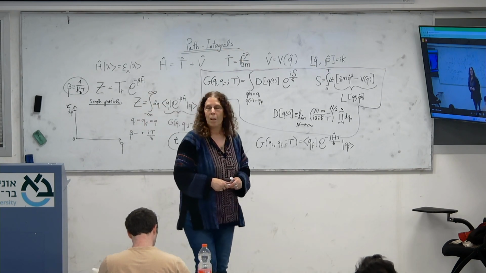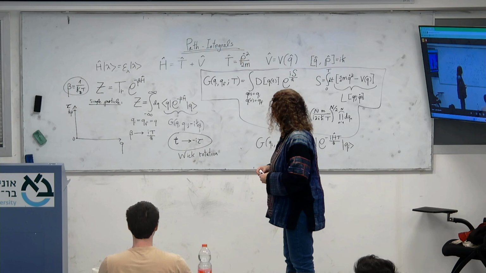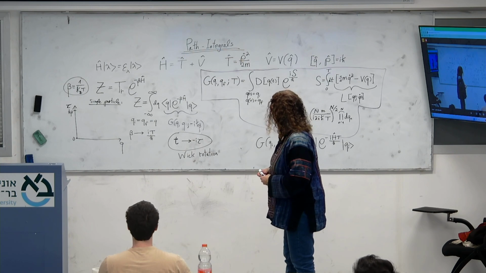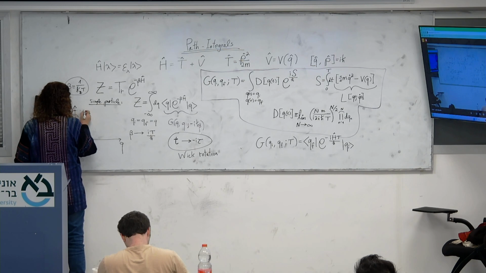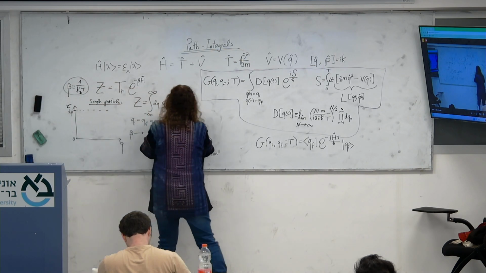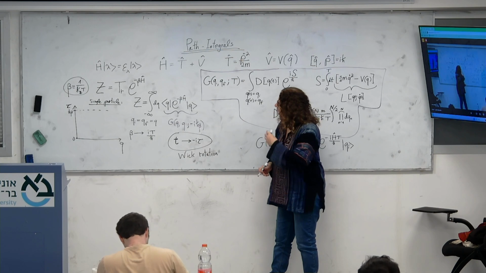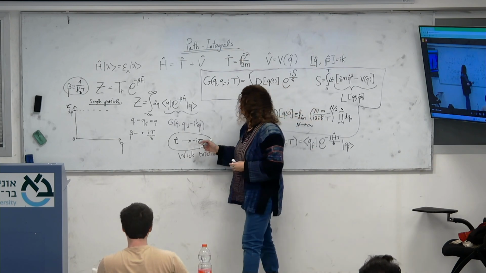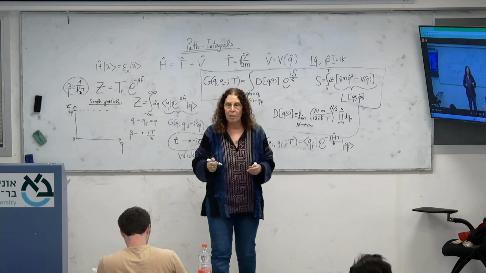What we are going to say is the following. The matrix element that we have here, this diagonal matrix element, describes an evolution in imaginary time.